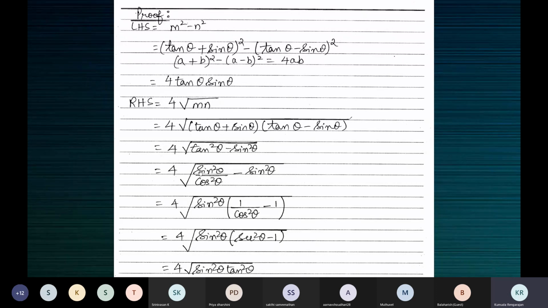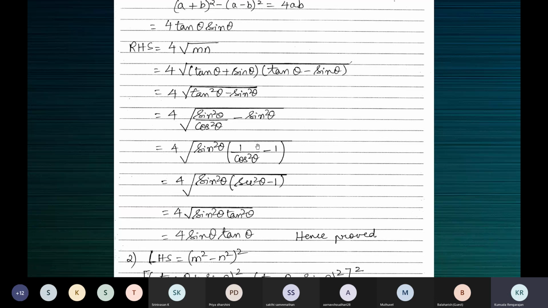So tan square theta is sin square theta by cos square theta minus sin square theta. So when you do this, sin square theta is common in the numerator, bring it out. So that will give you 1 by cos square theta minus 1. Now since it is tan, we need to get tan. You can write 1 by cos square theta as secant square theta, because we have to get tan, see, 4 tan theta sin theta. So secant square theta minus 1 is tan square theta.